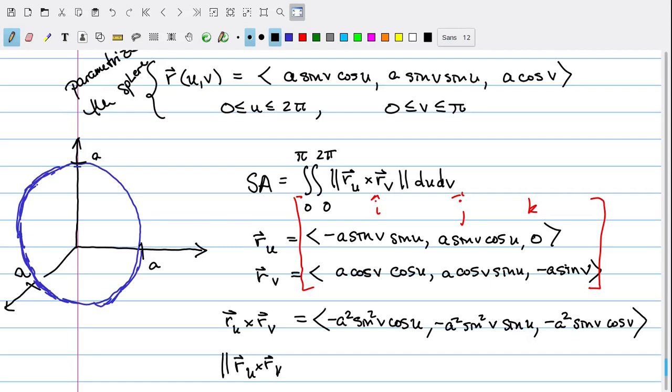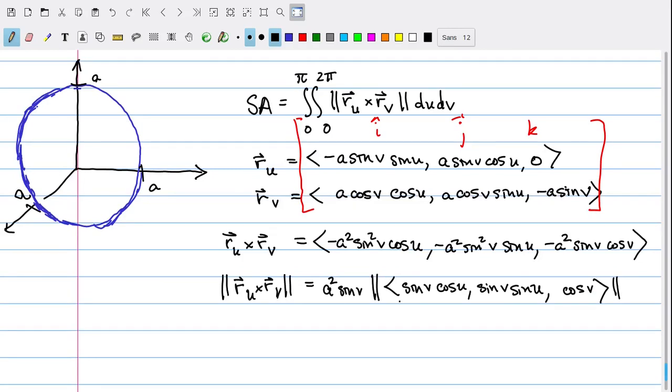There we go. This is going to be, again, I'm going to have sine squared u plus cosine squared u. That'll be equal to 1. I can actually factor out a common factor of a squared sine v, because that's multiplying each term, and just take the magnitude of the resulting vector, which is going to be sine v cosine u, sine v sine u, cosine v.